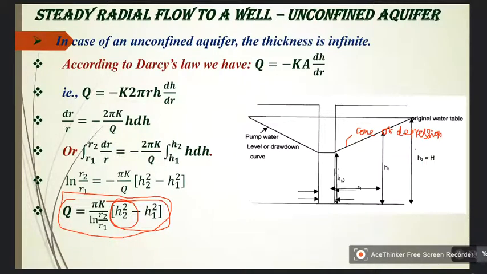Now, at far off distance, this original level is H. So this radial distance up to here is known as capital R, which is the radius of cone of depression.